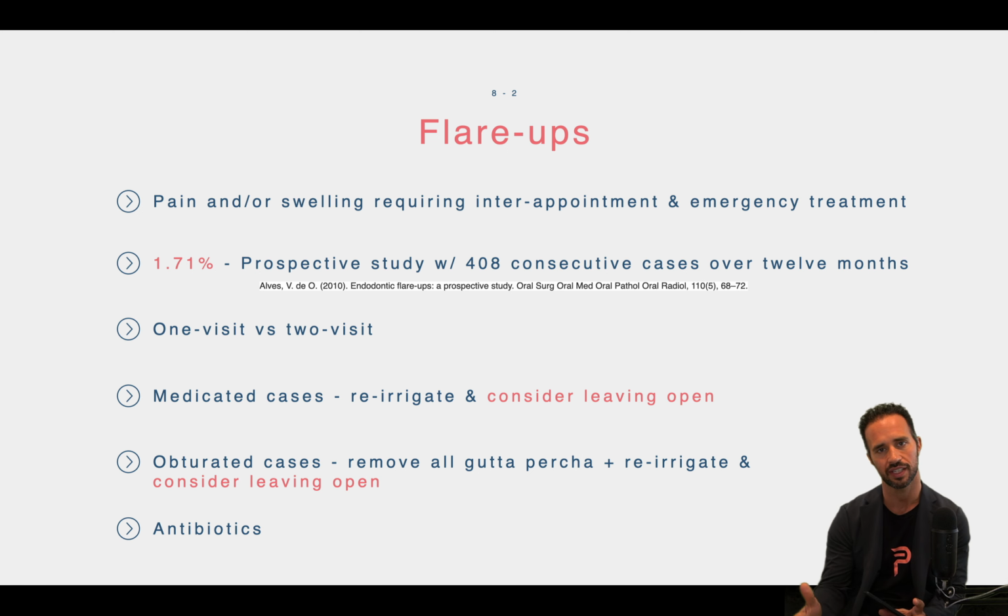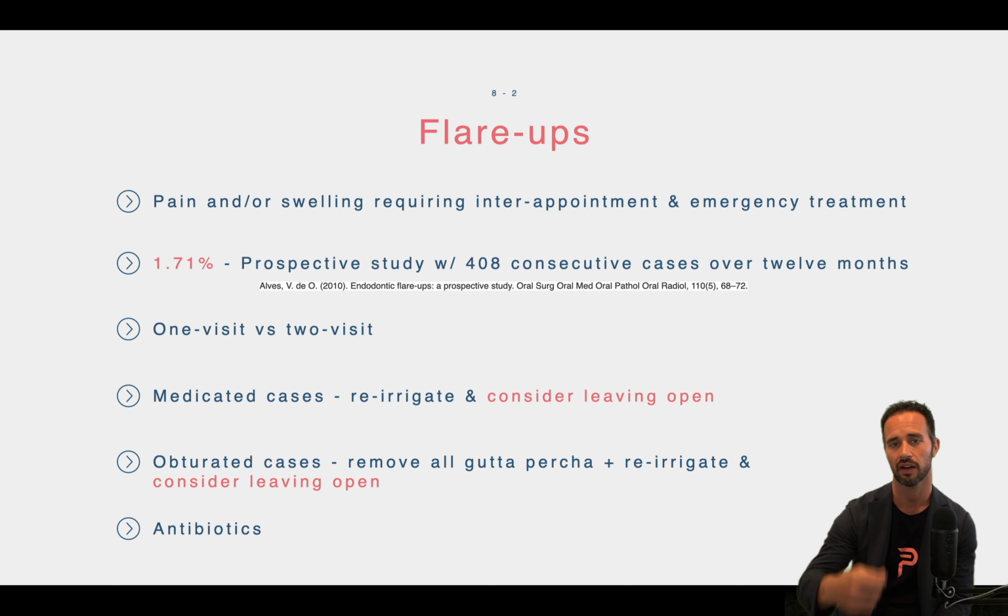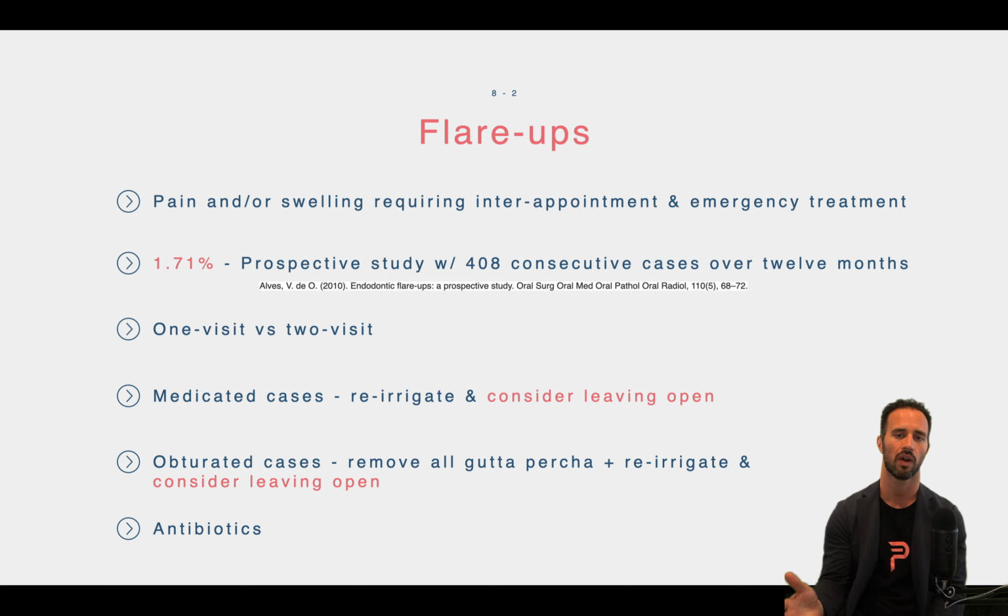So when they're a 2-visit case and they have calcium hydroxide in the canal, all that needs to be done in those situations is the temporary filling needs to be removed. You have to do a significant amount of irrigation inside the tooth, and then you have to make the decision whether you want to retemporize or leave the tooth open.